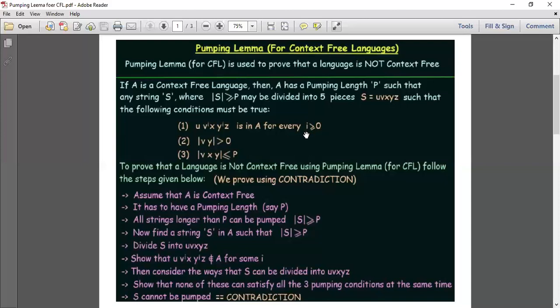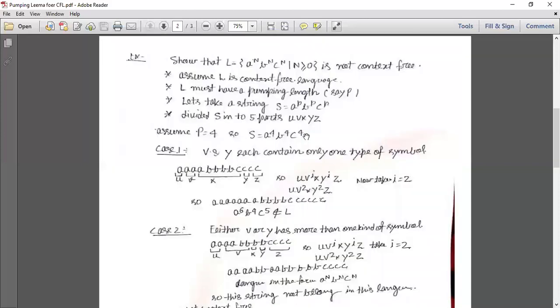So now we take one example. The language L equal to a to power n, b to power n, c to power n, where n is greater than or equal to 0, is not a context-free language.